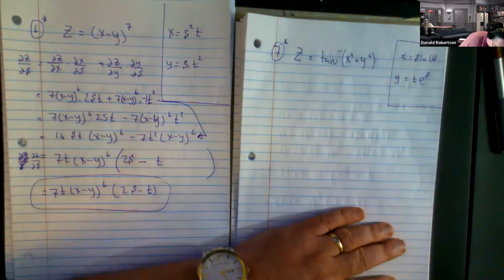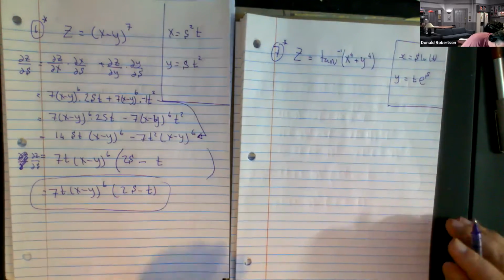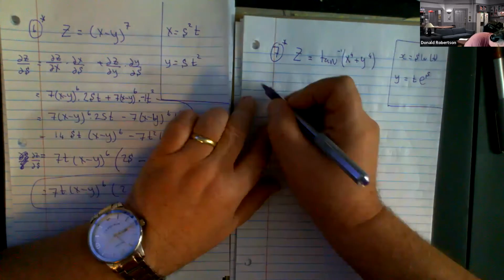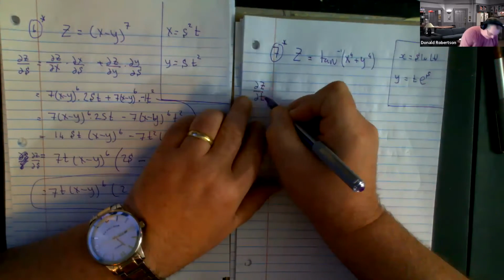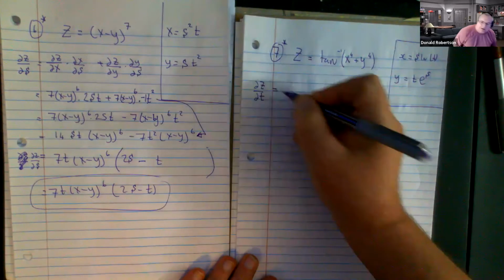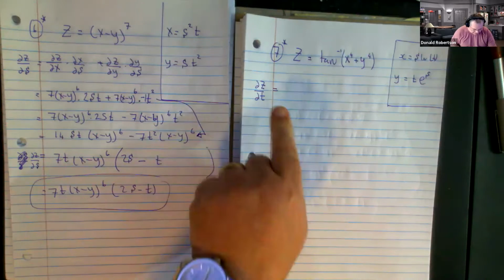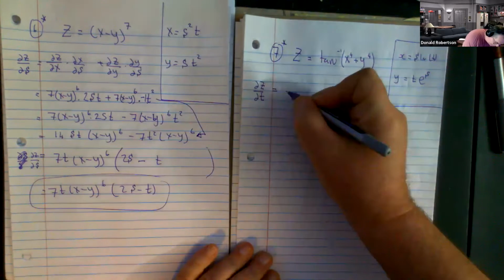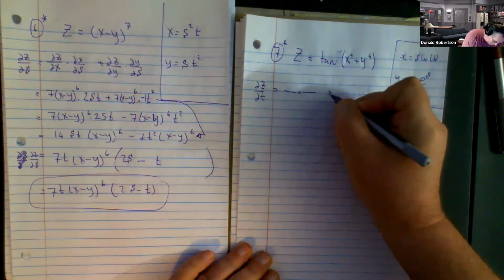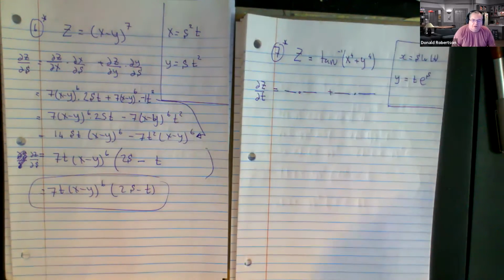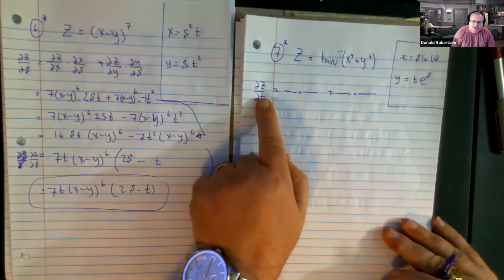And it really doesn't matter, they're both equally ugly, so let's do the partial derivative of z with respect to t. Okay, somebody tell me the chain rule combination that you would use to get that guy. How would you get that guy?